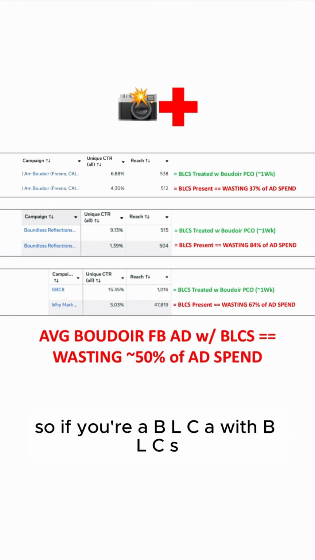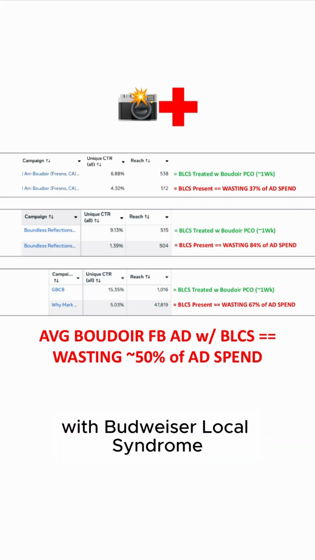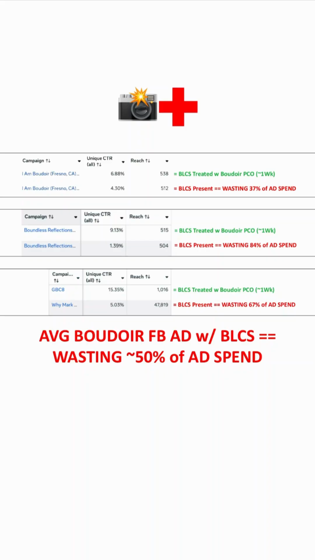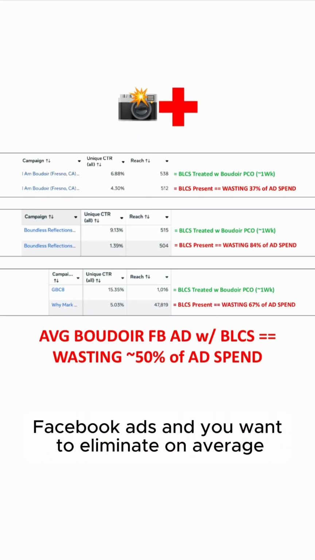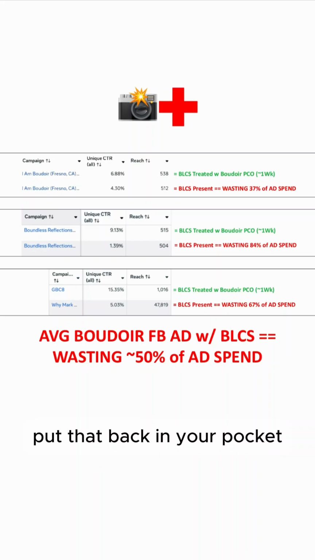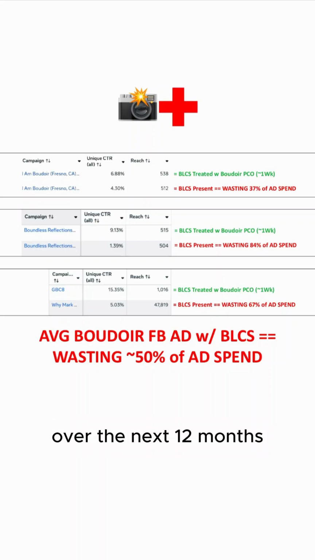So if you're a BLCA with BLCS, so if you're a Boudoir low click advertiser with Boudoir low click syndrome, your unique CTR of your Boudoir Facebook ads is under 6%, and you're spending more than 10 grand a month on Boudoir Facebook ads, and you want to eliminate on average 5K. Get rid of that 5K wasted spend, put that back in your pocket, which would be approximately 60K over the next 12 months.